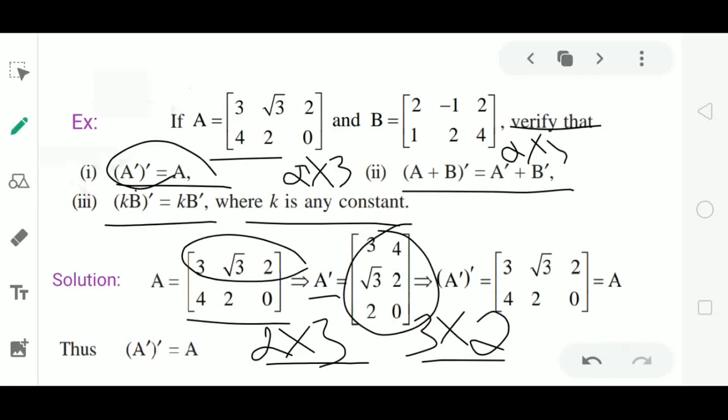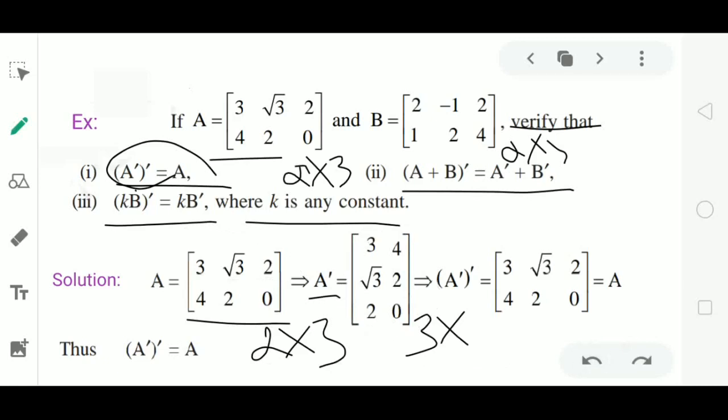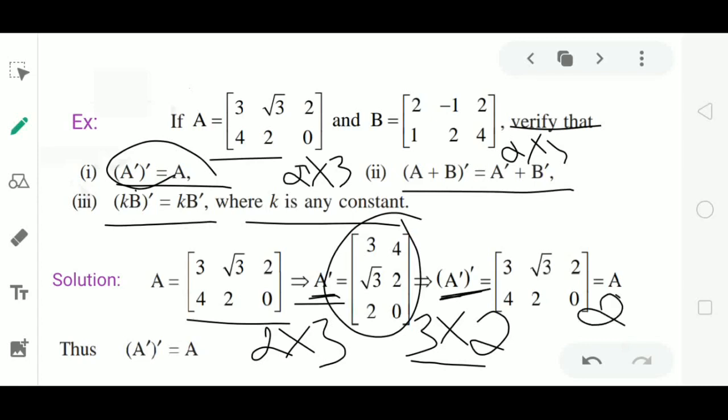Now we have to find A dash whole dash, that is, transpose of A dash. Transpose of A dash means here we already have the matrix A dash. We find the transpose of this matrix by interchanging the rows and columns of the matrix A dash. Here A dash has the order 3 by 2. Then its transpose will have the order 2 by 3.